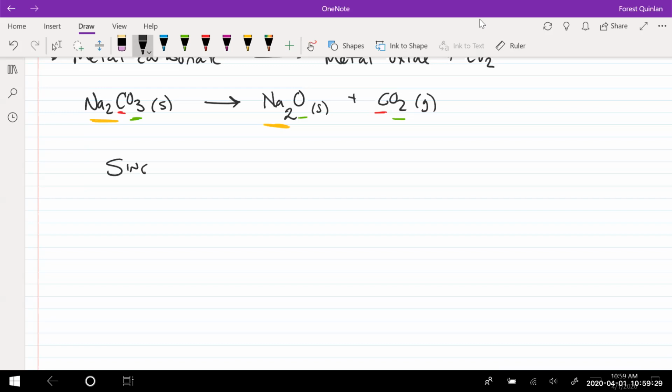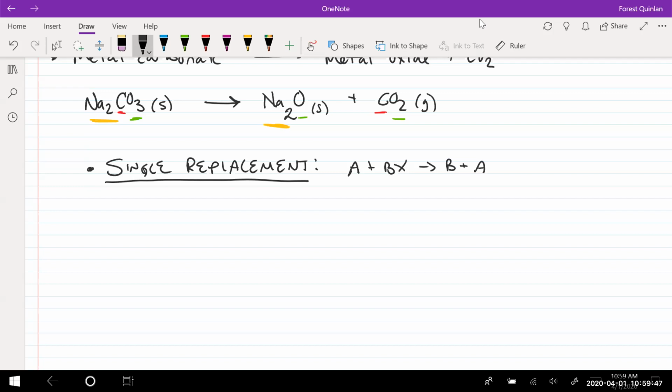So single replacement. With our single replacement, this looks something like A plus BX, and on the other side, it's going to make B plus AX. They are going to switch partners.